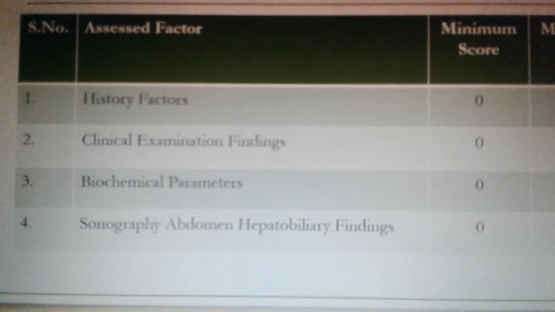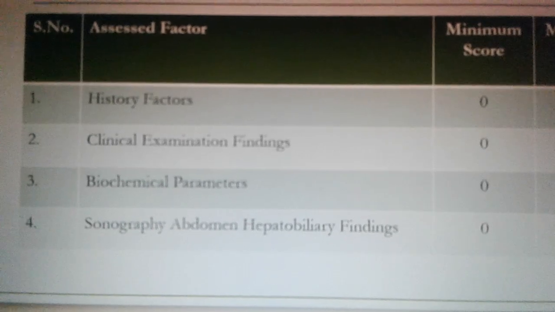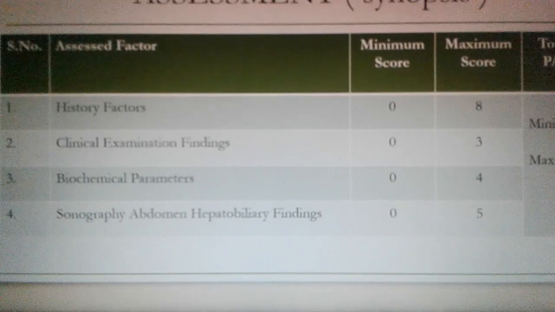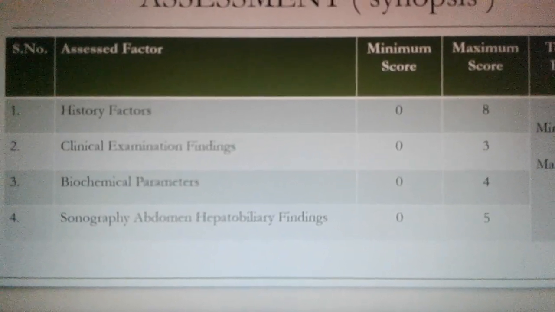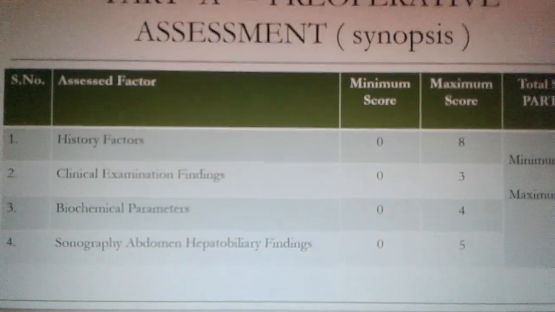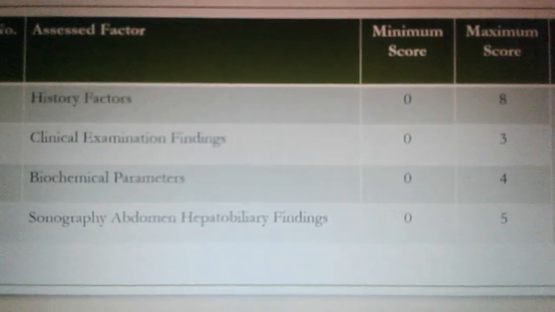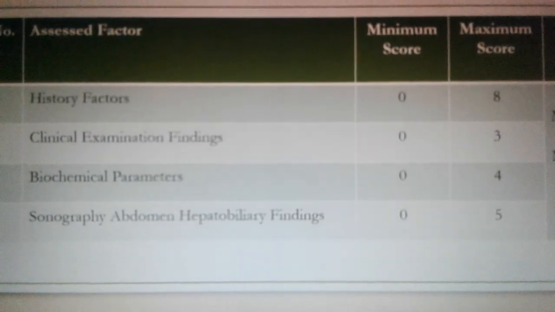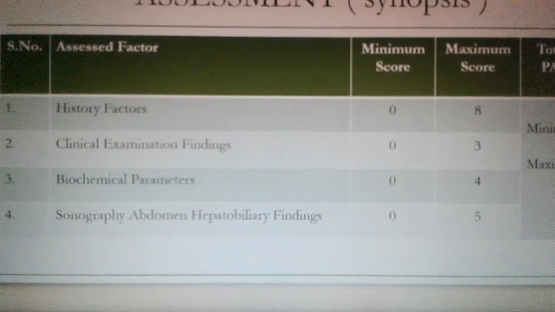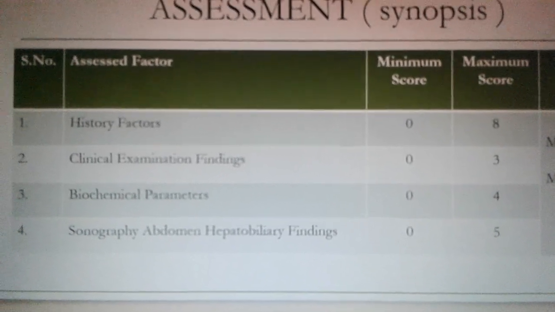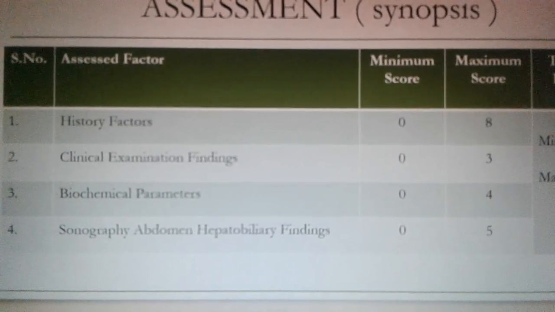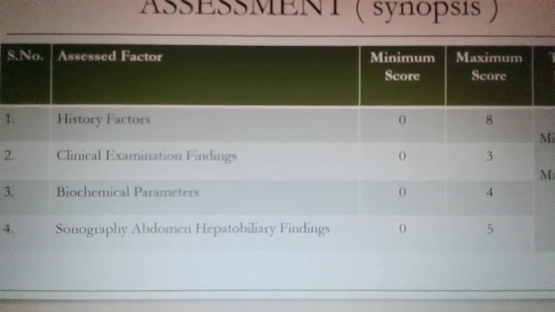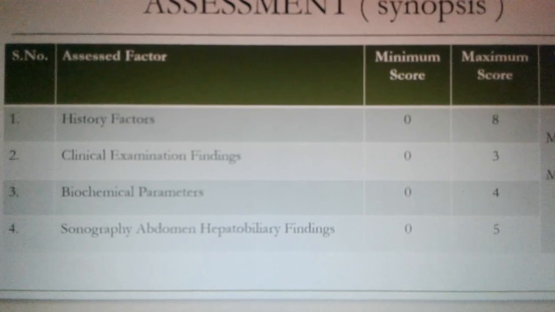Any patient can have minimum score 0 while assessment, and the maximum score varies for the different groups. Like the history factors, the maximum score is 8. The clinical examination findings, maximum score is 3. The biochemical parameters, the maximum score is 4. The sonography abdomen hepatobiliary findings, the maximum score is 5.